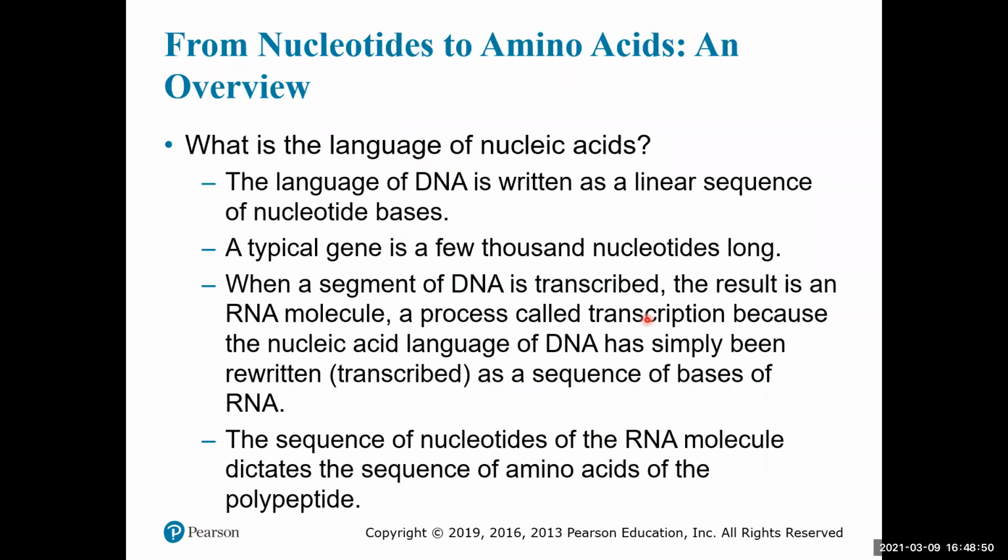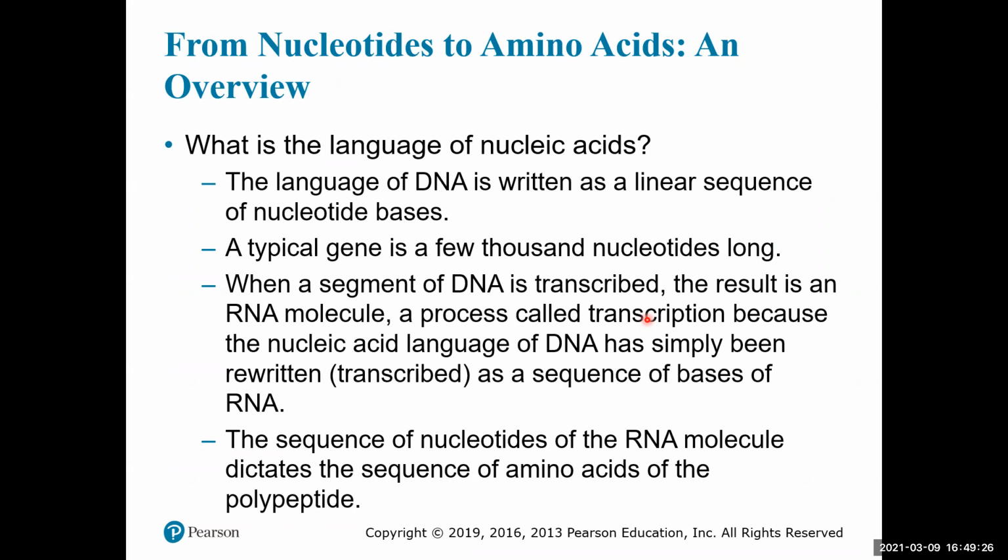And so, what exactly is the language then of nucleic acids, of DNA and RNA? Well, this language, specifically of DNA, is written as a linear sequence of nucleotide bases of A's, C's, T's, and G's. Now, a chromosome can be thousands to tens of thousands of nucleotides long, but if you remember, within an individual chromosome, you can have various sections that make up individual genes.